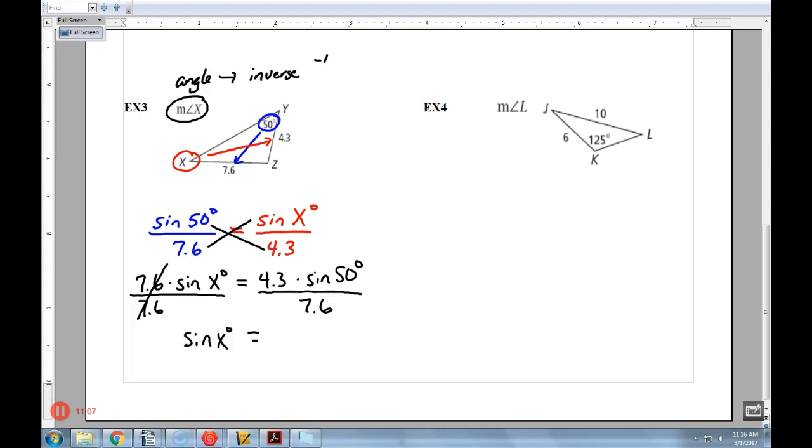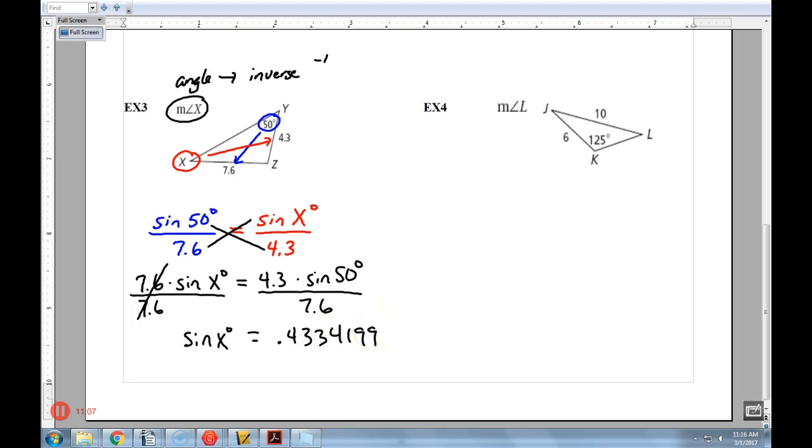And now let's go ahead and punch all that in. I'm going to punch in 4.3 times the sine of 50 equals, divided by 7.6, and I'm getting 0.4334199.